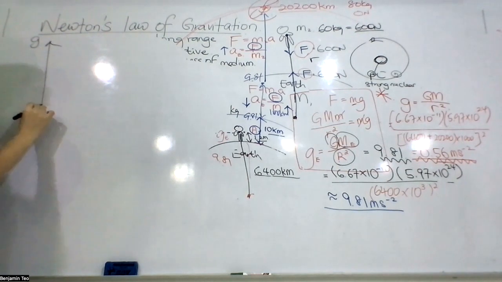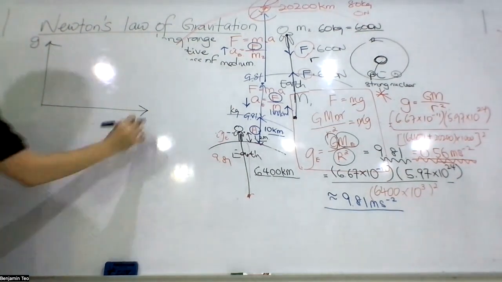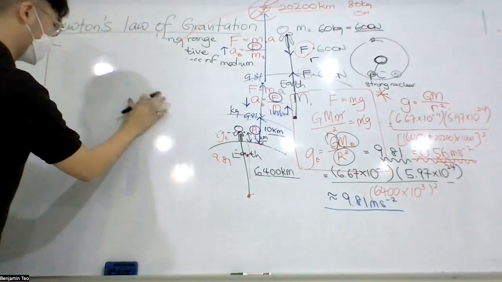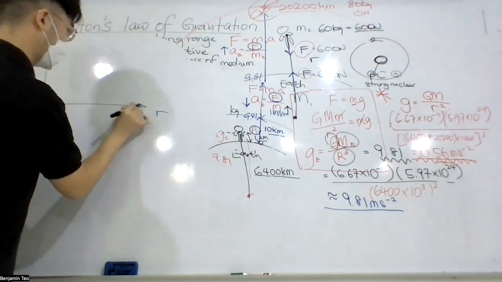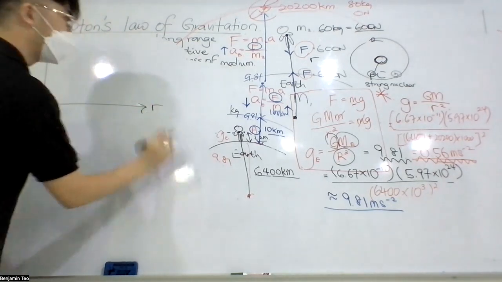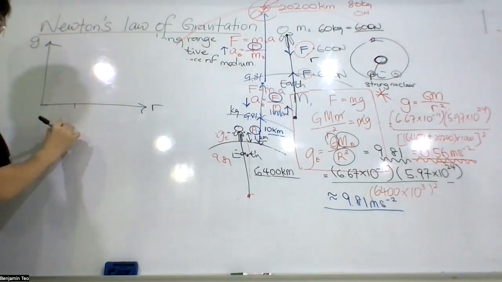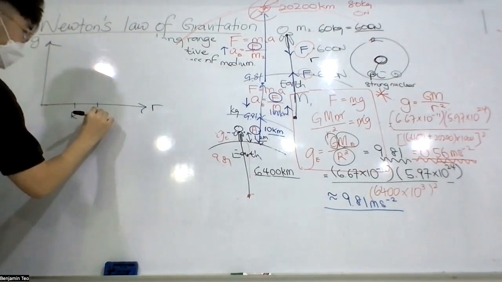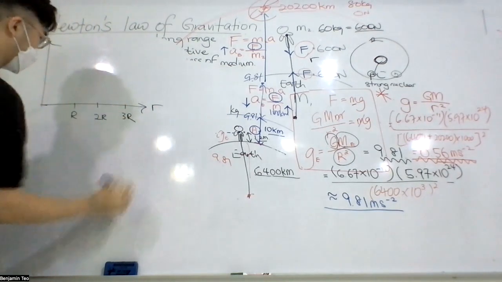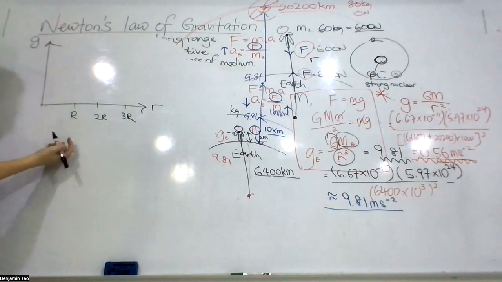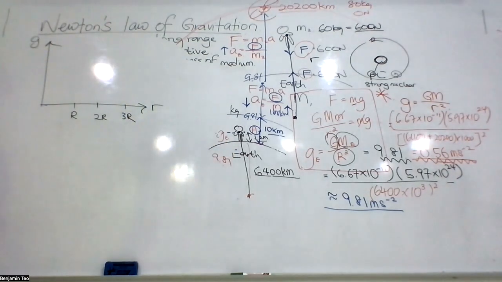Now, graph, again, very important, graph of G against distance. I will put here R, 2R, 3R. R means at the radius of the Earth.